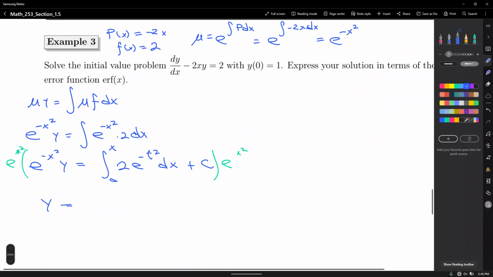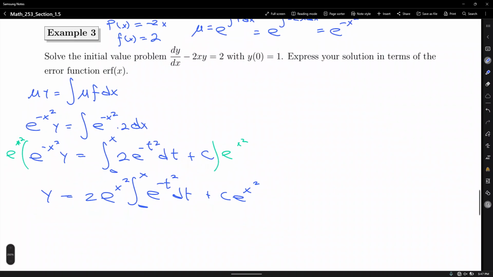That'll be y equals, I'm going to take the 2 outside of the integral, 2 e to the x squared times the integral from 0 to x of e to the negative t squared dt, by the way, not dx, dt, plus c e to the x squared. Actually, does that look familiar from day one? It was the same problem that we used to verify that this was a solution to the differential equation using the second fundamental theorem along with a product rule.